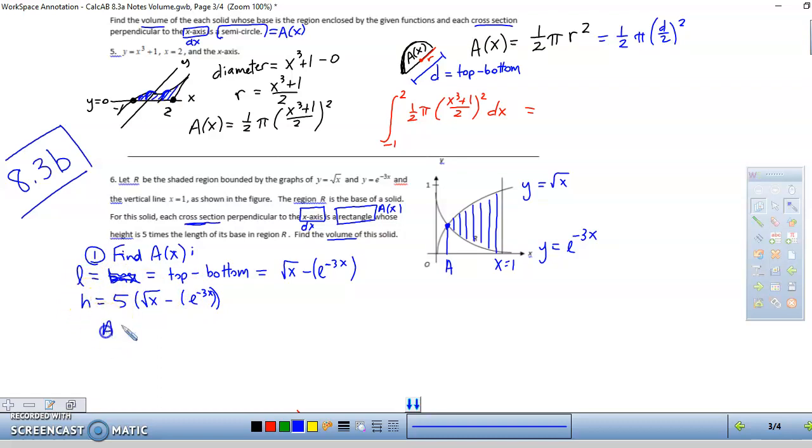For the area of a rectangle, you just multiply those two pieces together. Now we can write this in an easier way because this guy matches this guy. I can just do 5 times the quantity square root of x minus e to the negative 3x, squared. Okay, so there's my A of x.